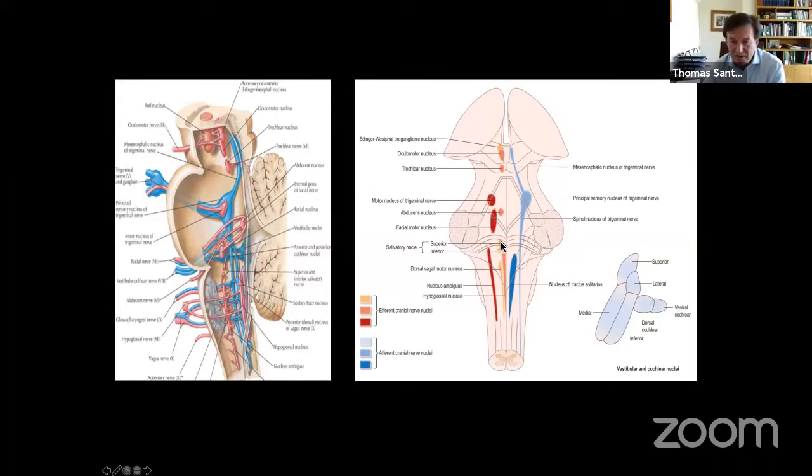Then we have the salivatory nuclei for 9 and 10, and here is the nucleus ambiguus, the main part of the vagus nerve that we're concerned about. And on the right side, we have the sensory nuclei, nucleus tractus solitarius, and then the principal sensory nucleus of the trigeminal nerve. As we know, the facial proprioception is in the mesencephalic nucleus and tract, and then the pain and temperature run downwards in the spinal nucleus.